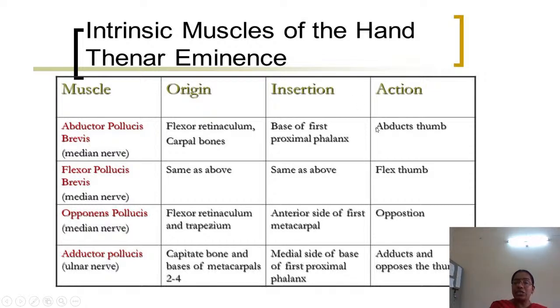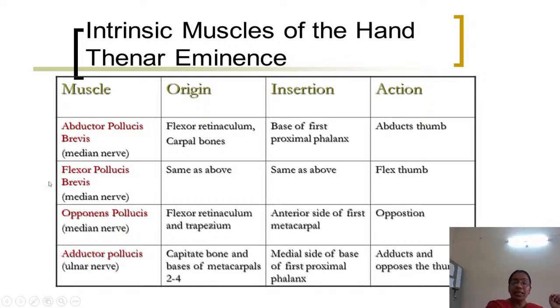For the action, abductor pollicis does abduction of the thumb, flexor pollicis does flexion of the thumb, and opponens pollicis does the opposition action of the thumb. So this is the action of the thenar muscles: abduction, flexion and opposition.